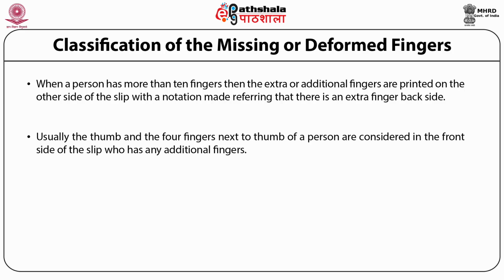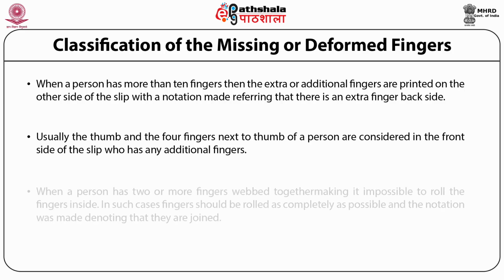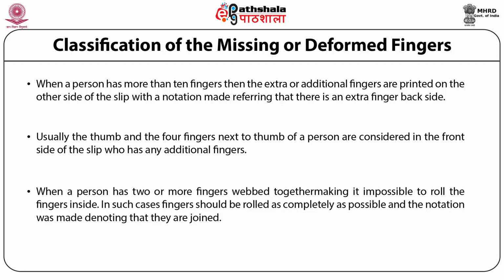When a person has 2 or more fingers webbed together, making it impossible to roll the fingers individually, in such a case, the fingers should be rolled as completely as possible and a notation made denoting that they are joined.